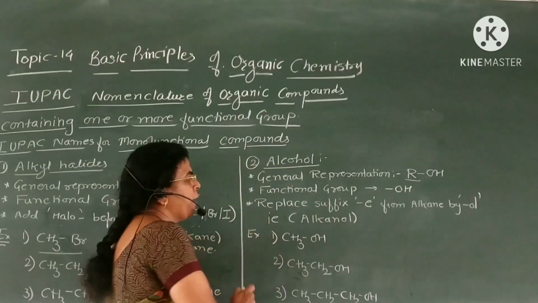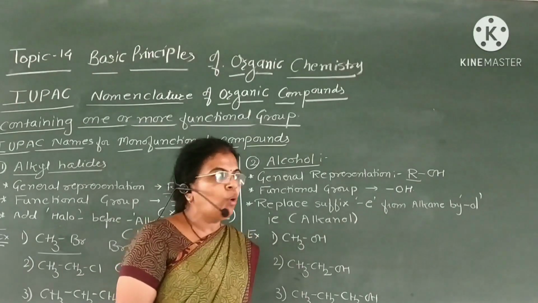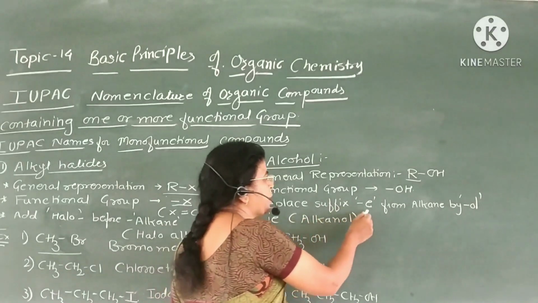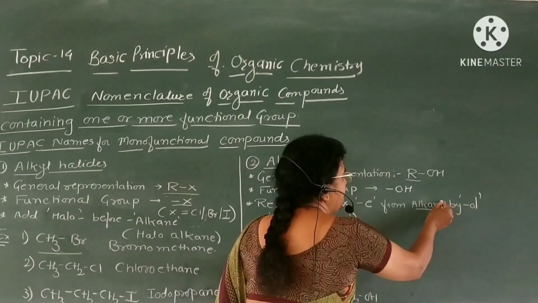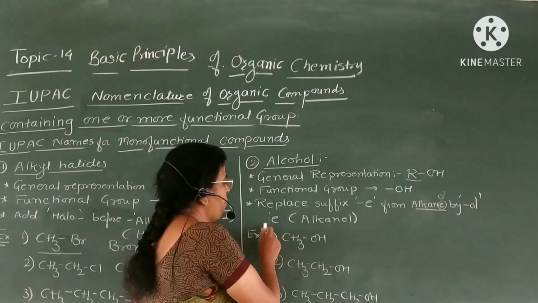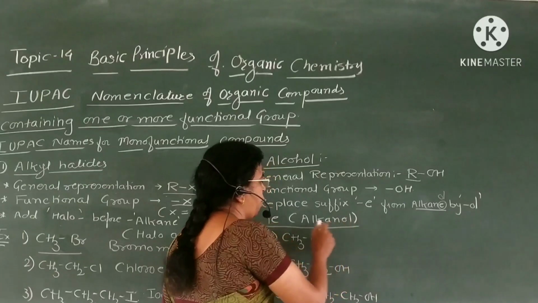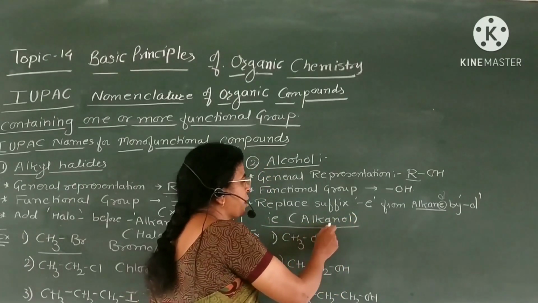When we give the IUPAC name for alcohol, replace suffix E from alkane by OL. Therefore, the name of alcohol becomes alkanol.